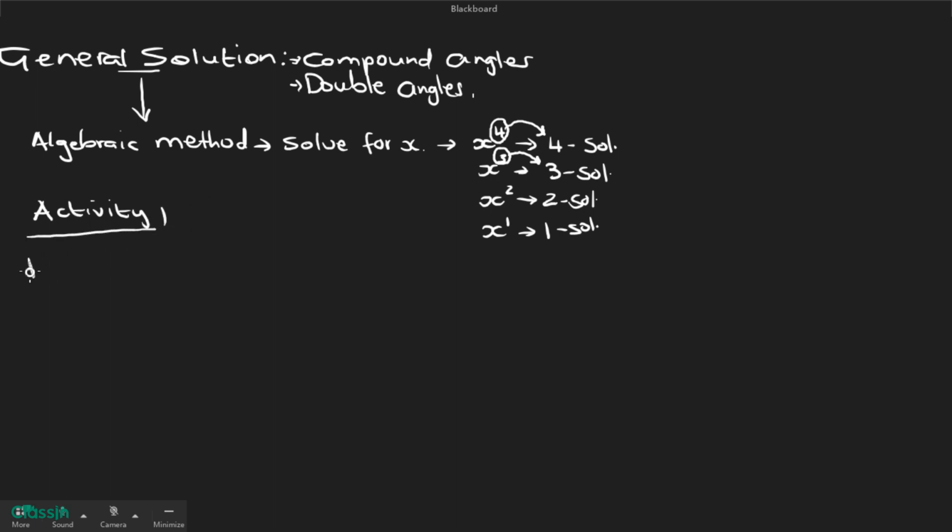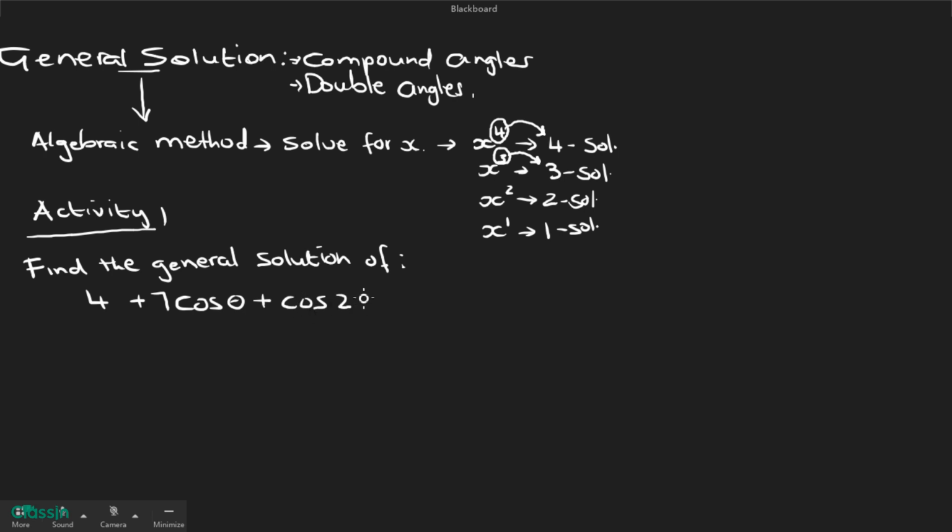They say find the general solutions of 4 plus 7 cos theta plus cos 2 theta equal to 0.